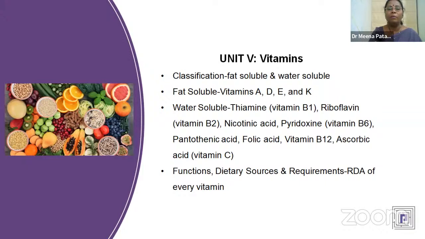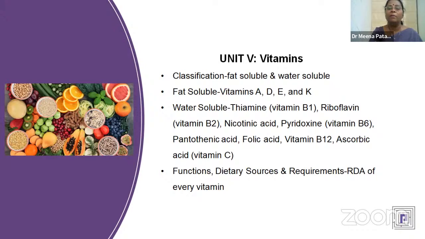Unit 5, vitamins. Okay. In this, you will learn about the classification of vitamins, which is very, very important and which you should know. There are fat-soluble vitamins and water-soluble vitamins. Certain vitamins are digested and absorbed only in the presence of fat, therefore they are called fat-soluble vitamins.